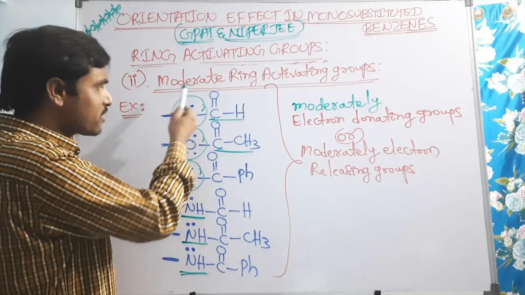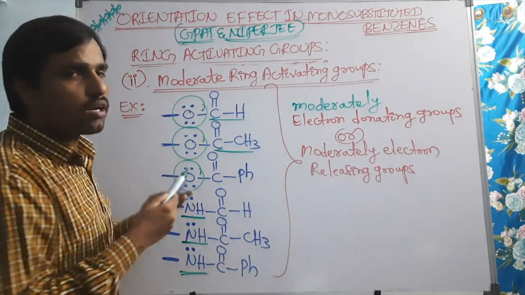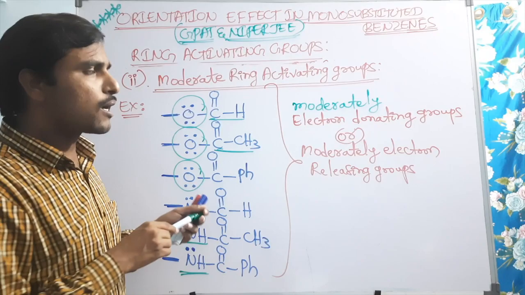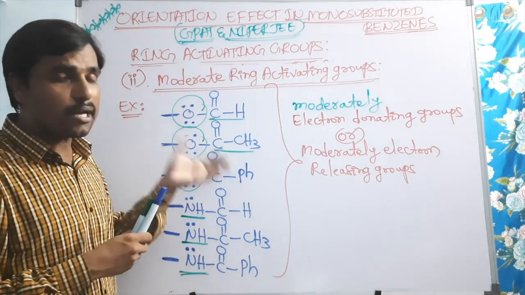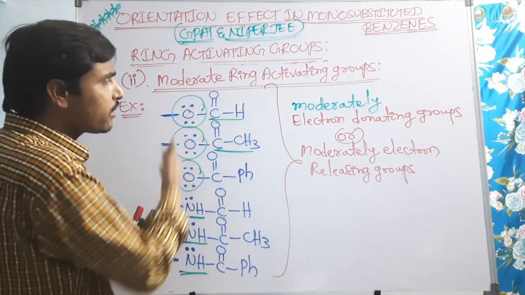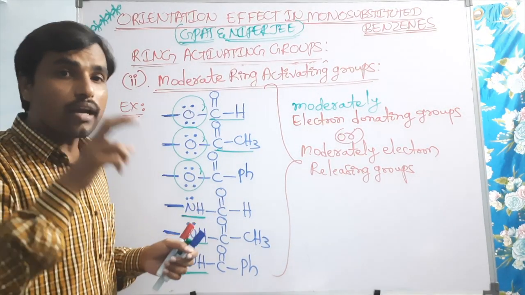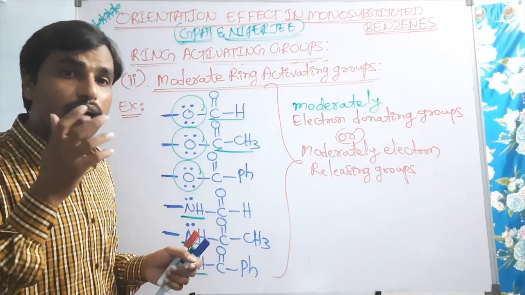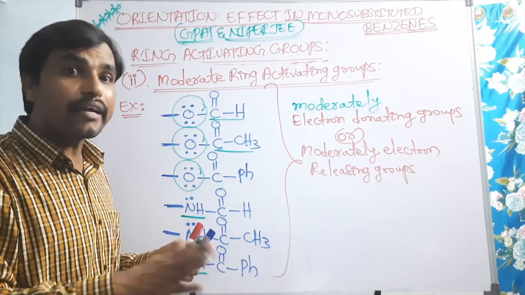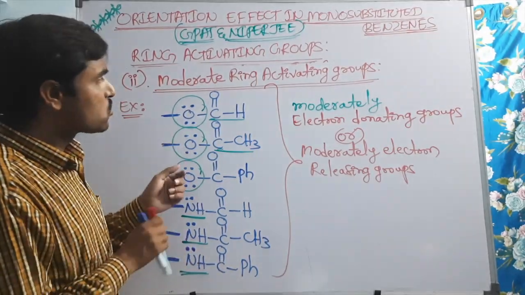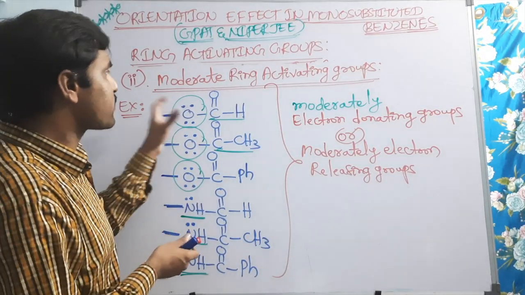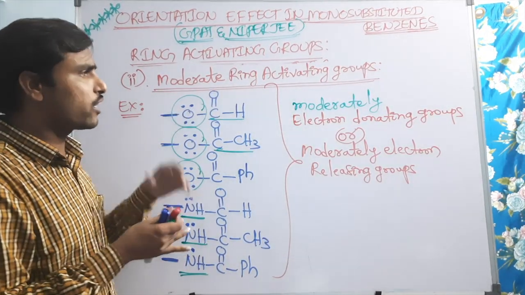That's when these compounds act as moderate electron donating groups, or moderate electron releasing groups. All these groups moderately activate the benzene ring, not strongly, only moderately. These are the examples for moderate ring activating groups.